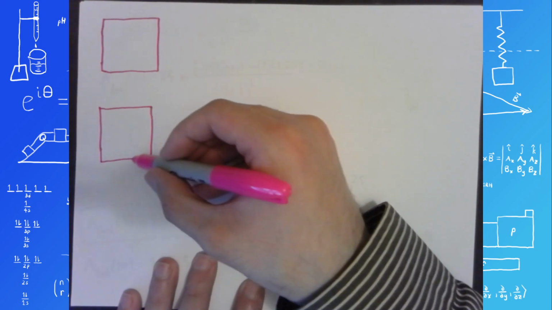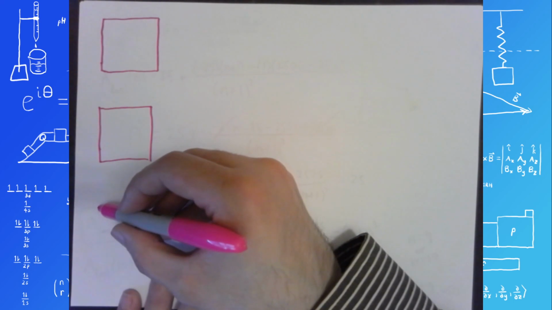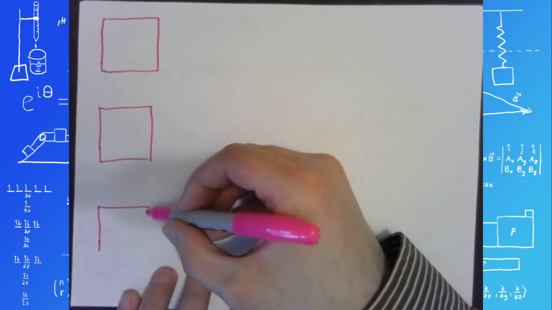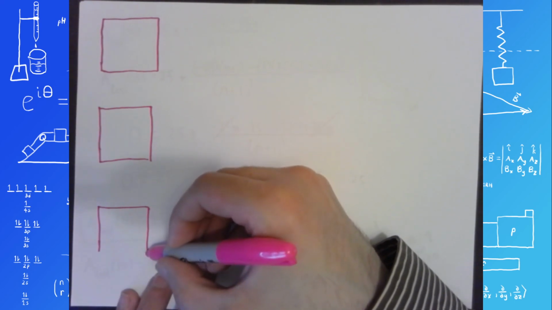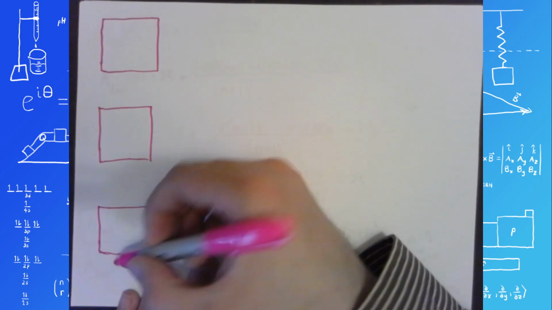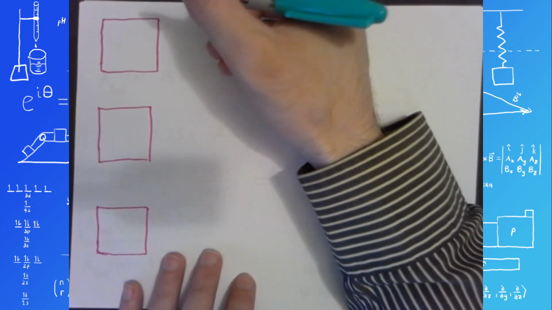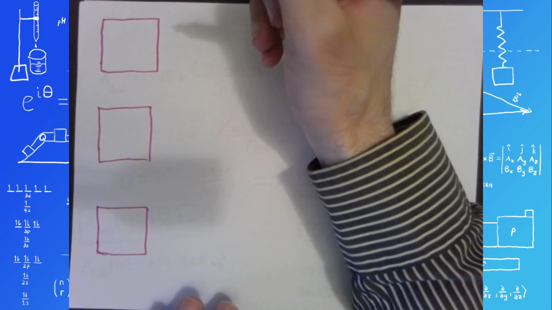I'm probably not even drawing these the exact same size, but hopefully this will be good enough to illustrate my point. I probably don't even need 3 of them, but just in case.